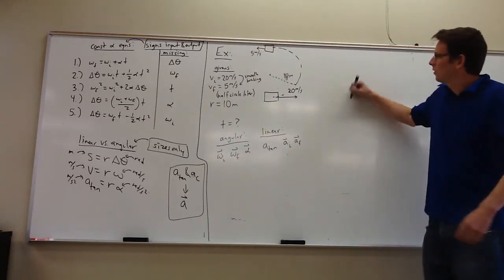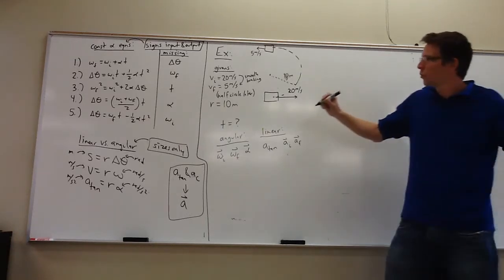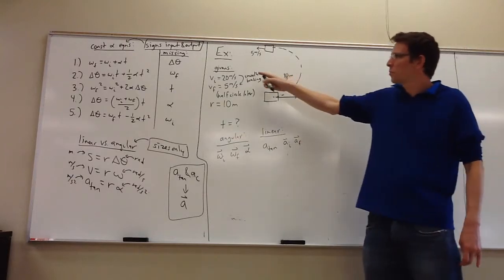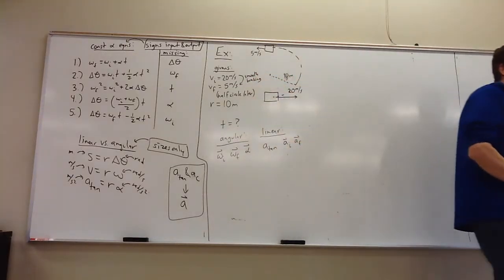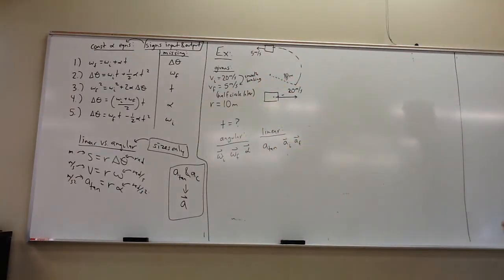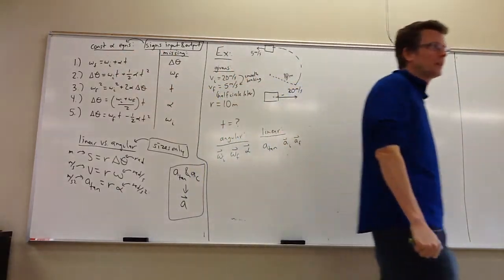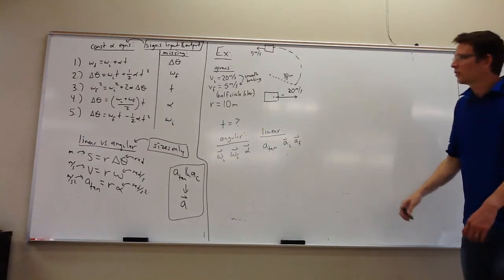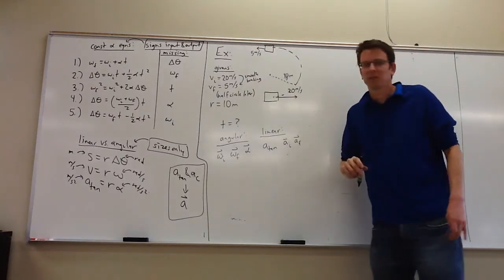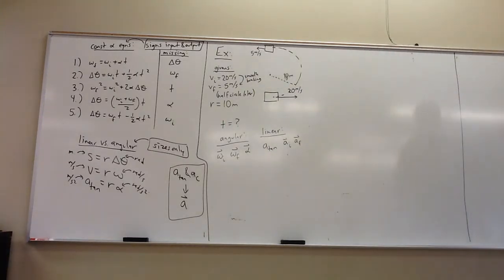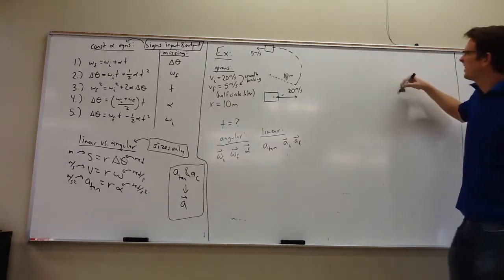So first of all, smooth braking, that implies I have a constant angular acceleration, okay? So I'm going to slow down as I'm going in a circle. Smooth braking is code for that. So what I can do is, of course, use my constant acceleration equations on the angular side.